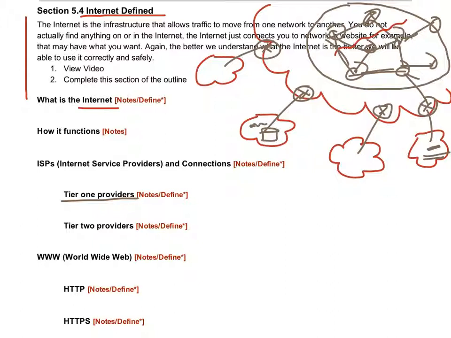Your traffic goes in and bounces through. Remember, they're packets, and eventually those packets get there. Then the packets are sent back, and they can literally go a different direction to come back because it's packet switching. So that's how it functions.